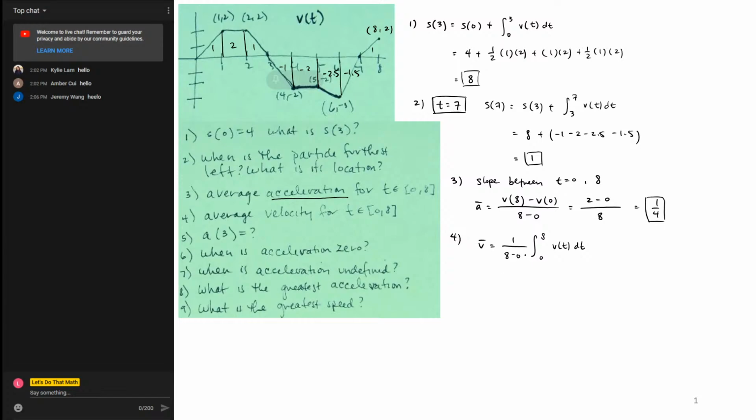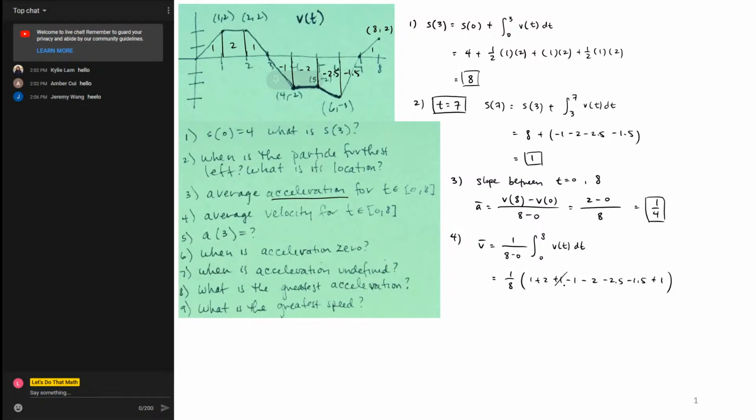And just plug in our numbers, 1 over 8. Our area from 0 to 8 is going to be all of these numbers that I have added up, right? 1 plus 2 plus 1 minus 2. And so on.